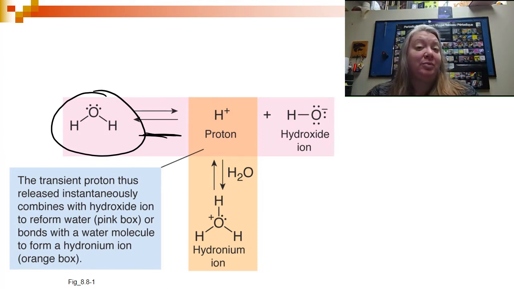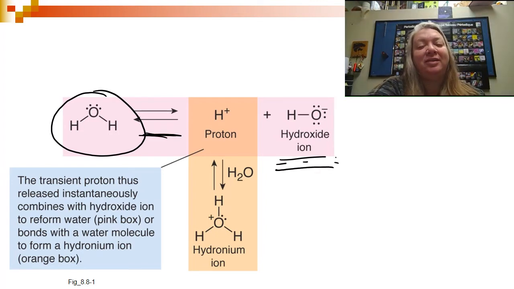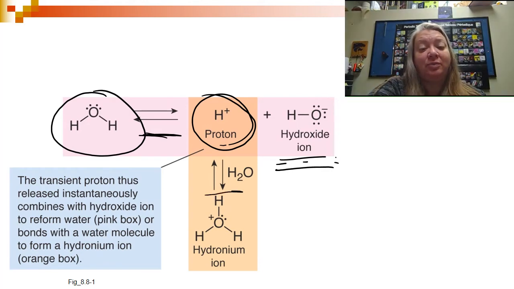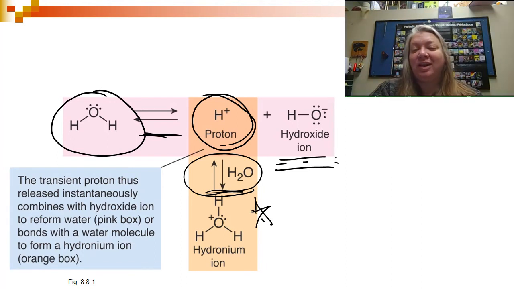Now water, remember, can split and form a proton, H plus, and hydroxide. There's our special hydroxide. Now that H plus does not like to exist by itself in water. It's going to react with water. There's that double arrow again to form this hydronium. So it just shows the Lewis structure of how these different substances are going to form.